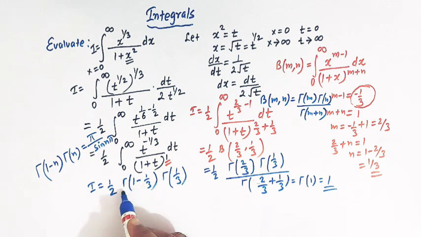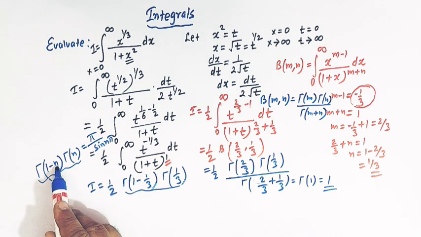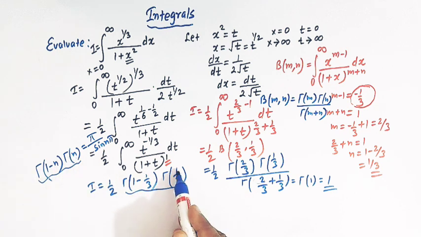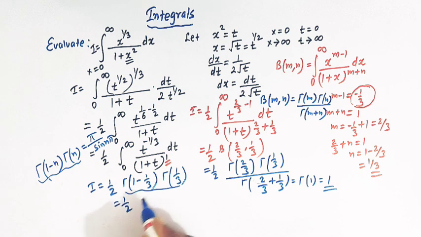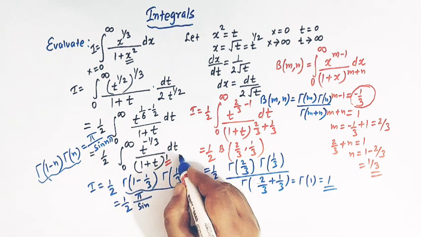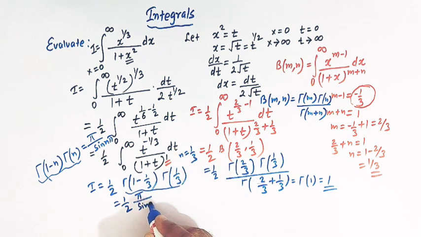So if we compare this side with this one, then n is equal to 1 by 3. So here we have 1 by 3, here we have 1 by 3. So the value of this expression is pi divided by sine n pi. So n is our 1 by 3. So here we have pi over 3. This is n pi, right?